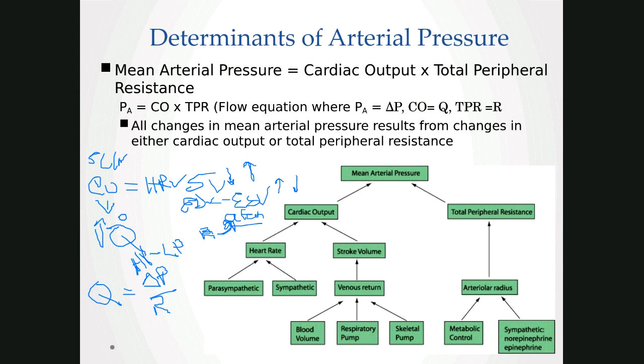And again, usually to get 5 liters of blood from the left ventricle to the right atria, I need that average blood pressure, my mean blood pressure of 100 millimeters of mercury. That is the average between my systolic of 120 and my diastolic of 80 on the left ventricle.